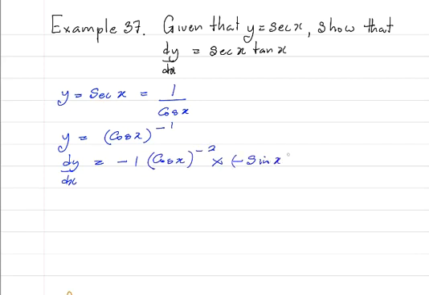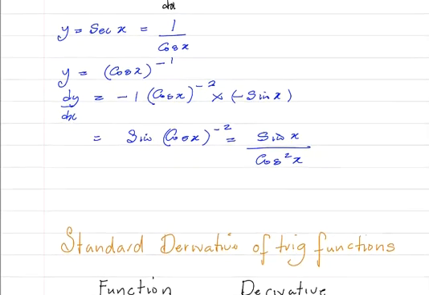So here a negative times a negative is a positive. So what we have is positive sine x cosine x to the minus 2, which is just another way of saying sine x over cos squared x. Now this would be the same as saying sine x over cos x.